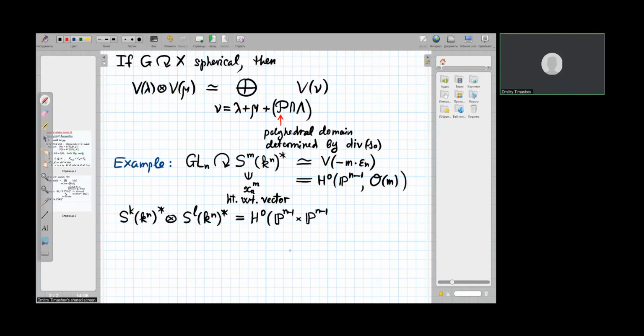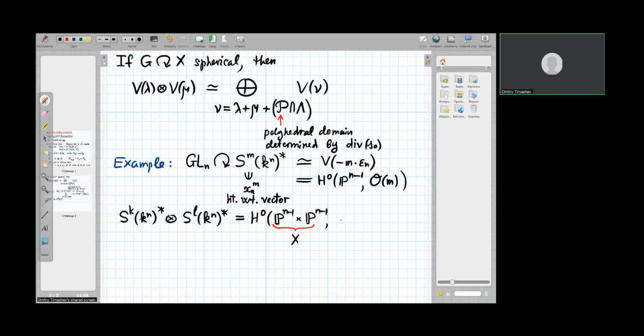This will be my double flag variety X. And we take a line bundle over this double flag variety, the product of two copies of the projective space, which is the outer tensor product of two line bundles of this form.